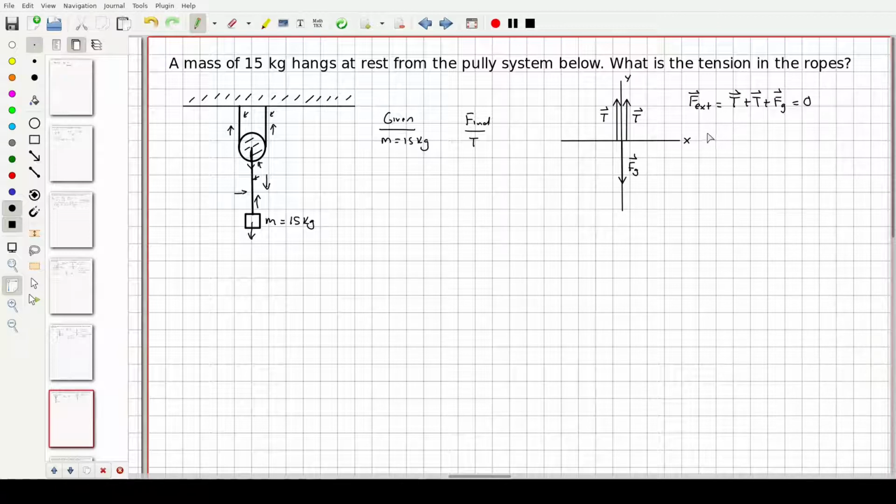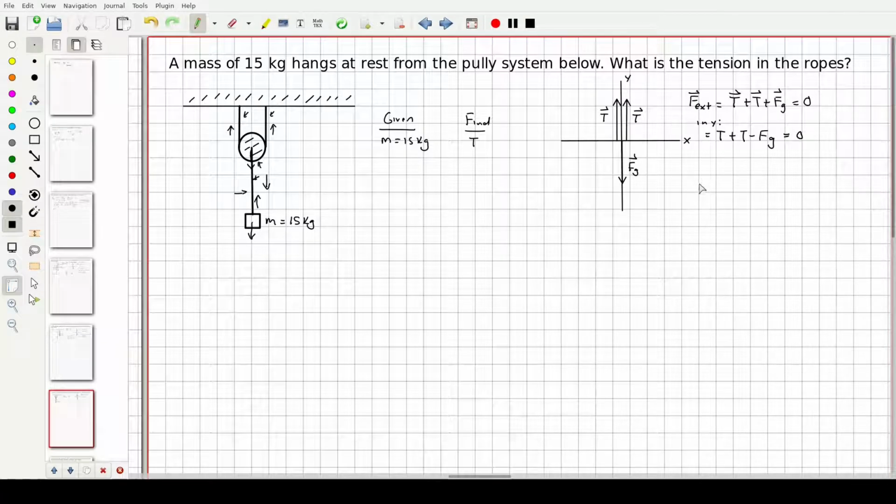Now, here, both tensions point up the y-axis, so they're positive. T plus T. Again, this is in y. There's nothing interesting going on in x with this problem. We have gravity pulling down, and those should add up to zero.